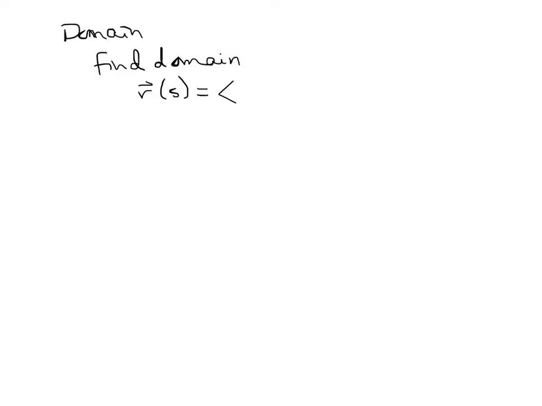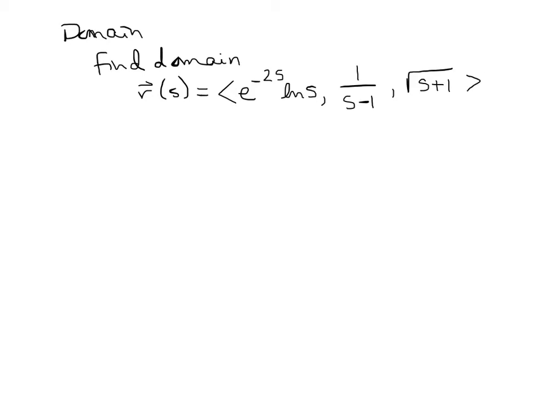Notice I'm going to use s instead of t, just to get you used to some different variables: e to the negative 2s times natural log of s in the x component, 1 over s minus 1 in the y component, and square root of s plus 1 in the z component.